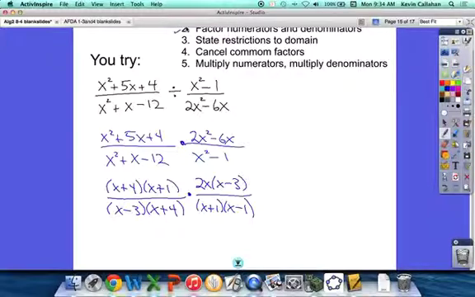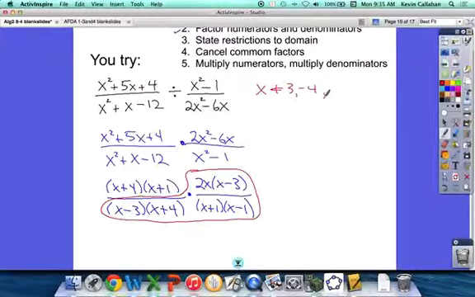Okay, restrictions. Where all are we looking for restrictions? Remember, we are looking here. So we're going to say, in red, x does not equal what? What do you get from over here? X does not equal 3. X does not equal, okay, 3 and negative 4 come from that.